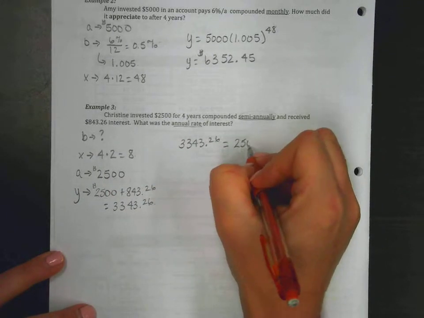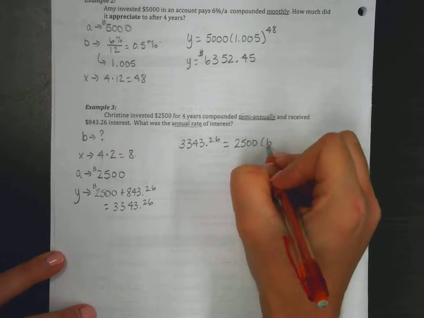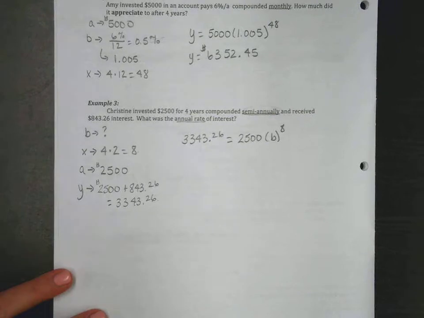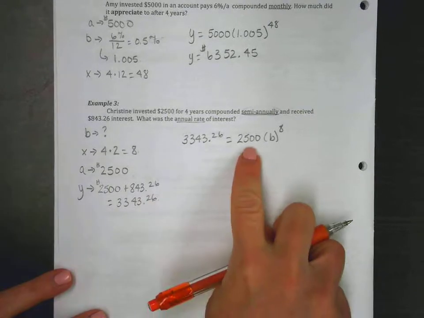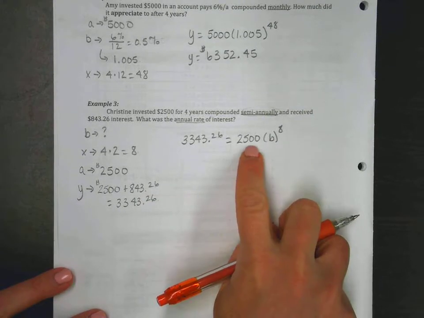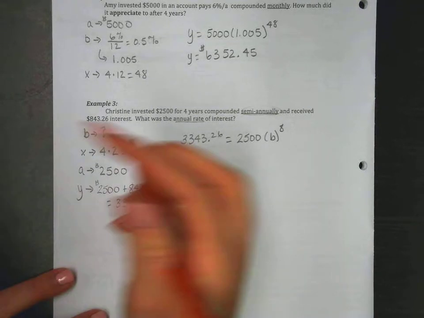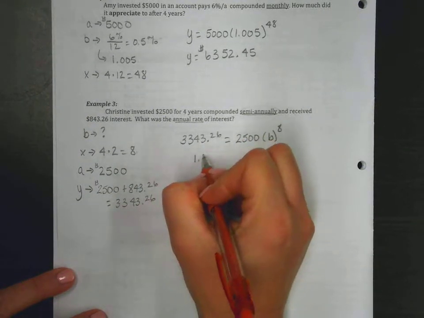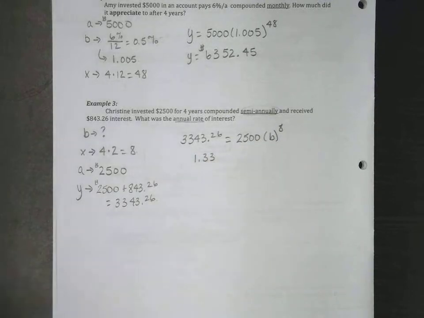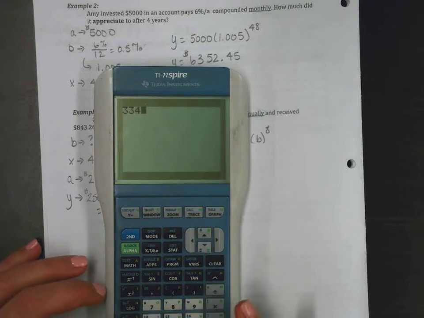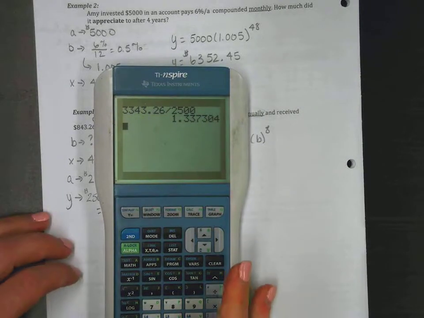All right, so to solve for B, my first step is to divide both sides by 2,500, and we're going to try and leave this value inside our calculator. So I'm going to leave that on my calculator. So 1.34 approximately on my paper is equal to B to the power of 8.